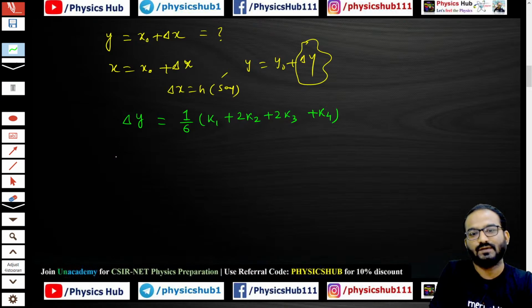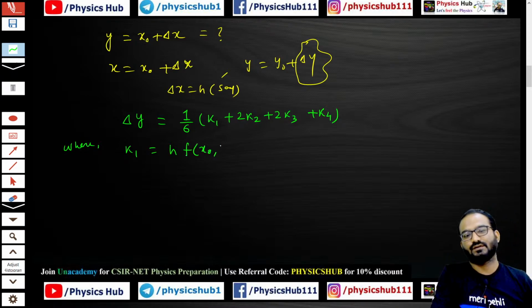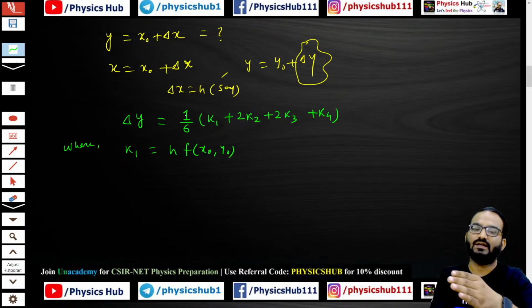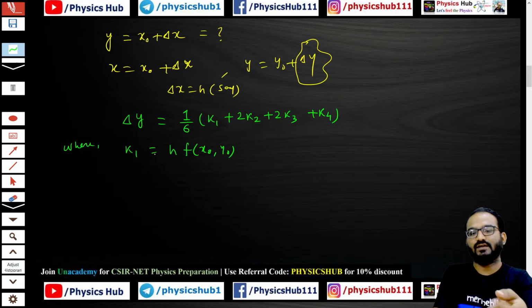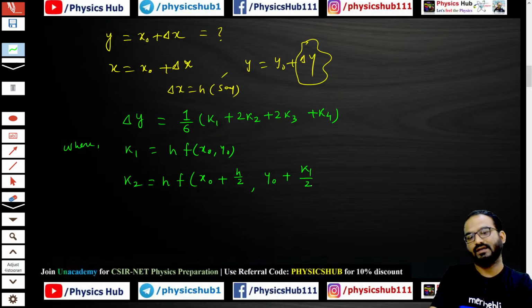Now the question is, what are these values of k1, k2, k3, k4? K1 as usual is h into f of x naught, y naught. You can multiply h in k1, k2, k3, k4, or you can also multiply h in general. I prefer this one. K1 equals h into f of x naught, y naught. K2, make a guess, what will be the value of k2? K2 will be h into f of x naught plus h by 2, and y naught plus k1 by 2.